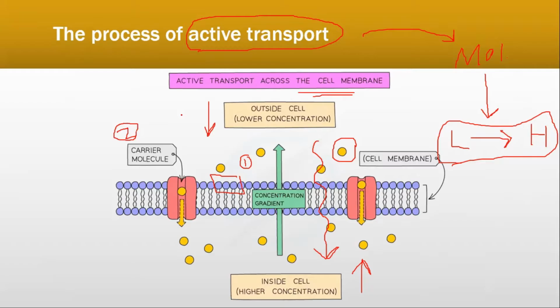ATP, known as adenosine triphosphate, is itself an energy containing compound and is broken down when active transport needs to occur. And active transport can be done in two ways: either through the cell membrane, the partially permeable membrane, the semi-permeable membrane, or through these carrier molecules which are embedded inside the cell membrane.